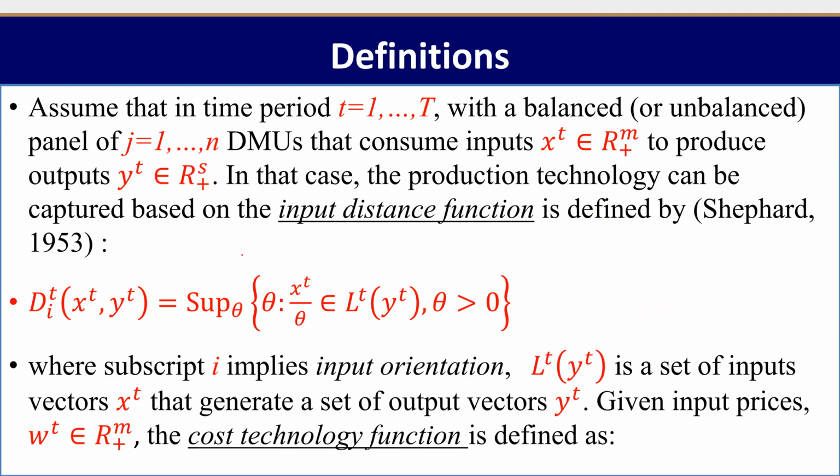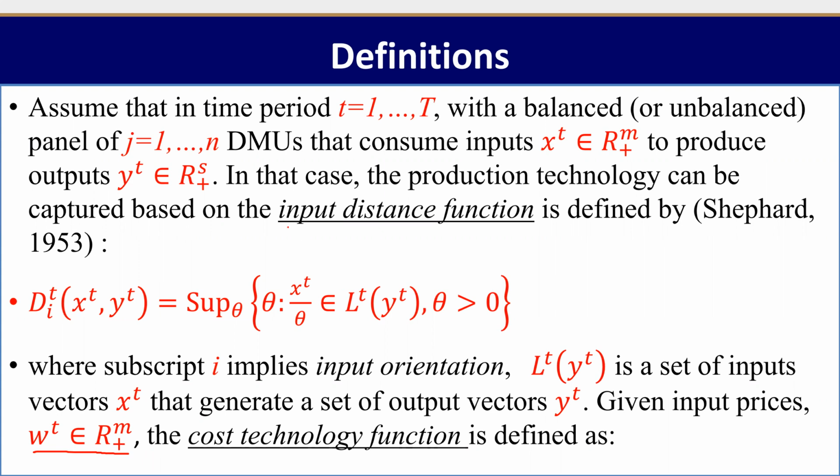Okay, so the I is the input orientation. The L(T) is a set of input vectors that generates a set of output vectors. Now, here's the thing. Given the input prices, and remember the input price is also a vector, that positive input price, then we can define the cost technology function.